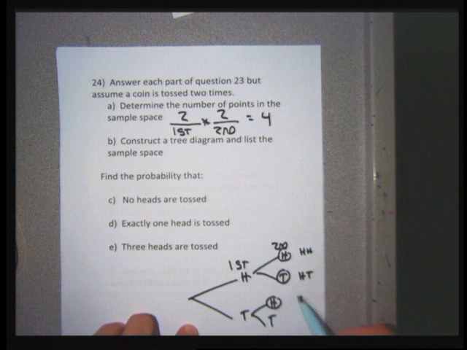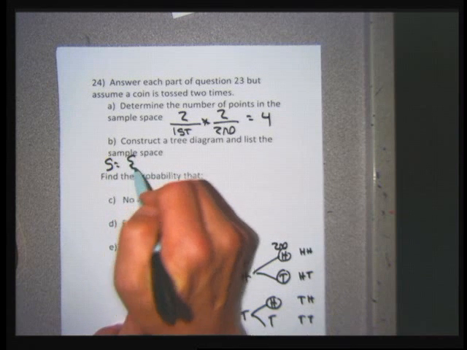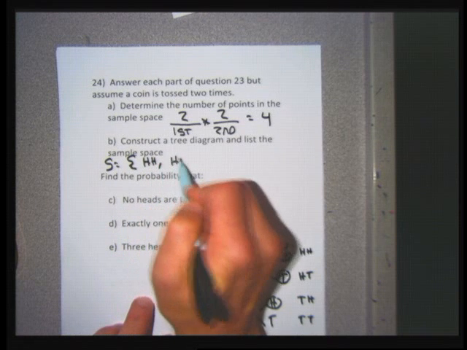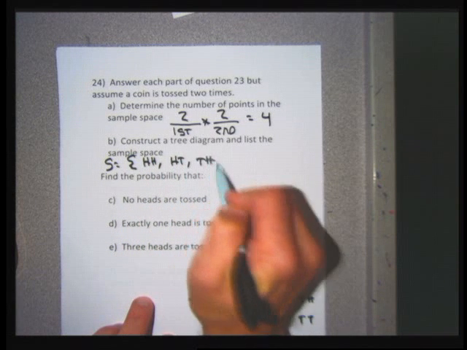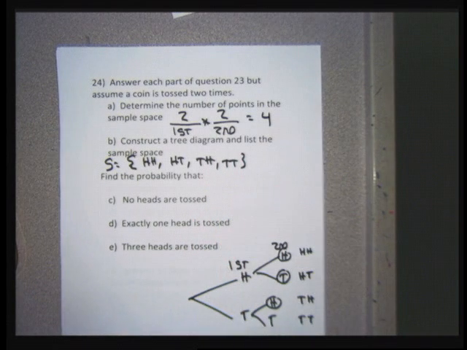This is a tail first and a head second, and then a tail first and a tail second. So my sample space for this problem has head head, head tail, tail head, and tail tail. For each of the probability questions, my denominator is going to be 4 because there's 4 items in the sample space.